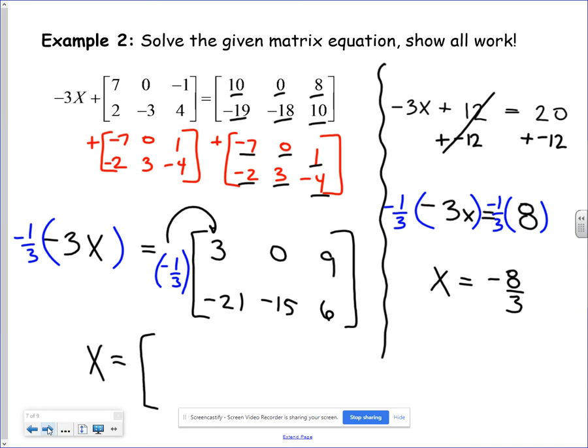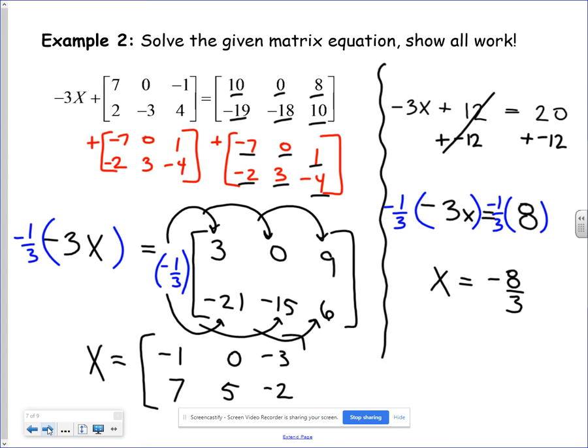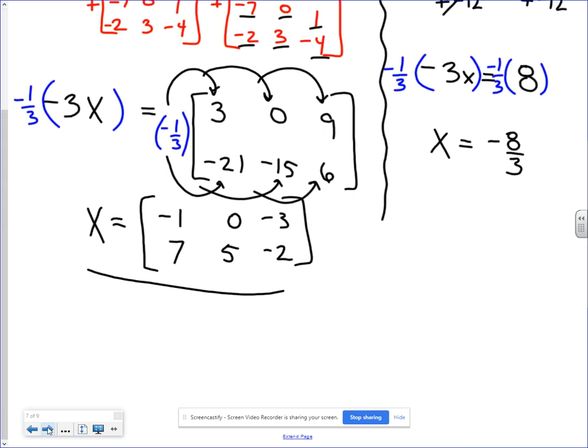So I'm going to have to take negative 1/3 times each element of this matrix. So we get negative 1, 0, negative 3. And then on the bottom we'll have 7, 5, negative 2. So x is equal to this matrix right here.